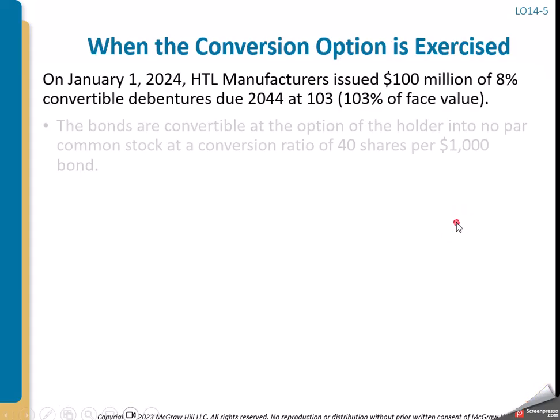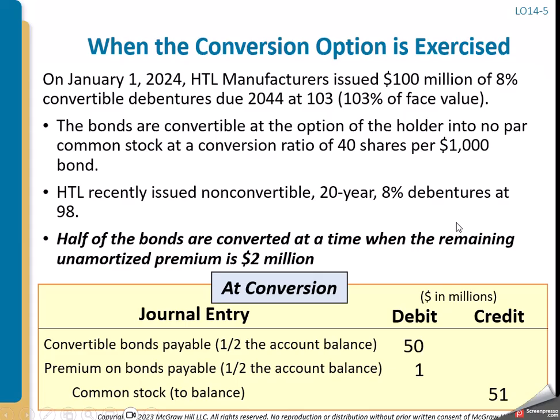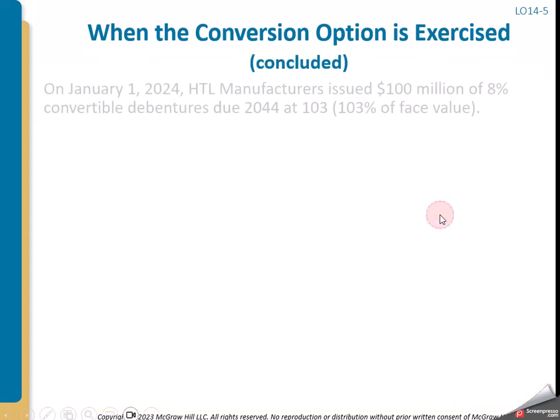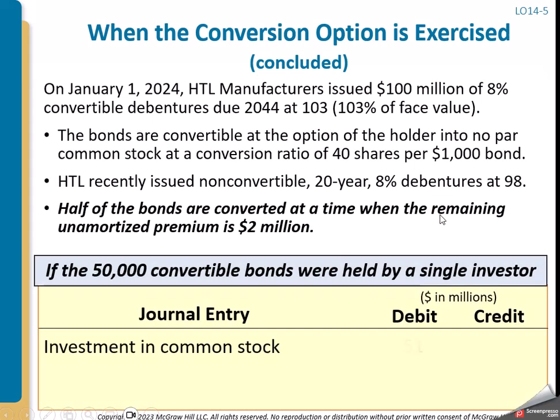Then when they get converted, if the bondholder chooses to get the common stock, we're going to take the bonds out of our bonds payable, take the premium out, and then record that total into our common stock because we are issuing them shares of common stock instead of their debt.